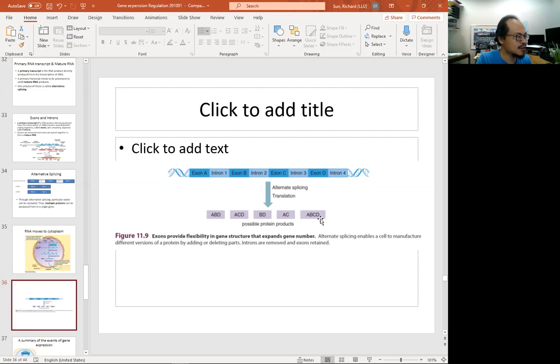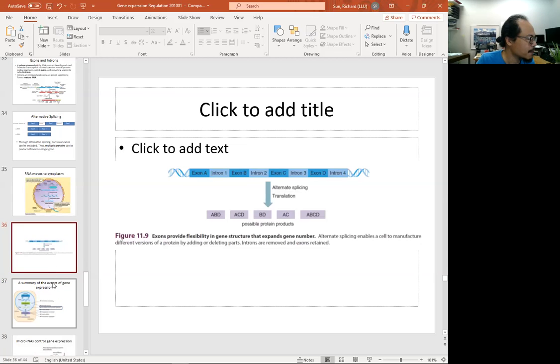But it's not mentioned here, so don't need to worry about it. So just get the idea that the same DNA code can produce different proteins through the process called alternative splicing. This alternative splicing is a splice on the RNA process.